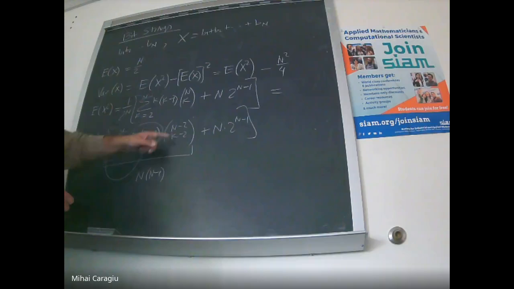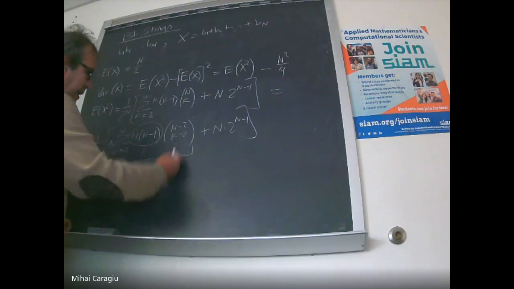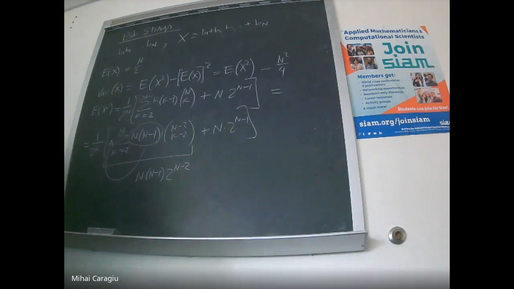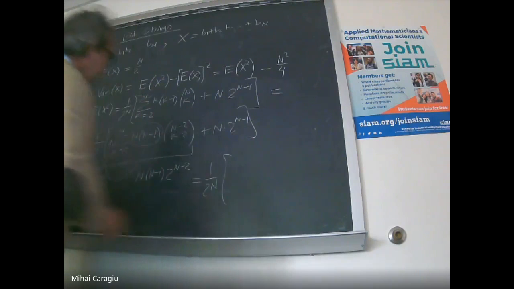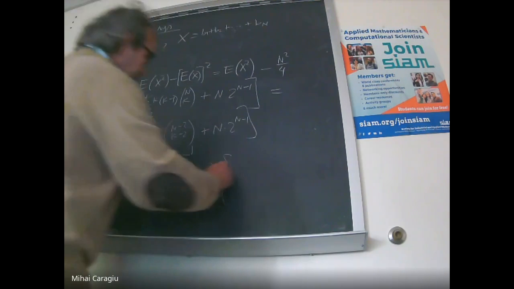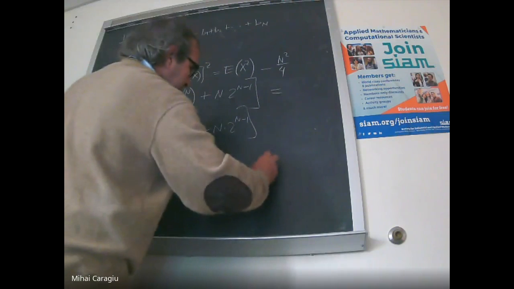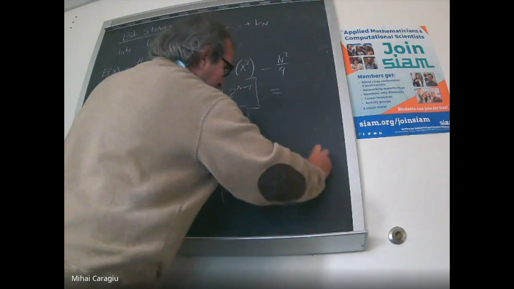But k minus 2 varies from 0 all the way through n minus 2, so all combinations of n minus 2 choose 0, choose 1, choose 2, up to choose n minus 2, which sum to 2 to the power n minus 2. So this will be 1 over 2 to the power n times n times n minus 1 times 2 to the power n minus 2 plus n times 2 to the power n minus 1.